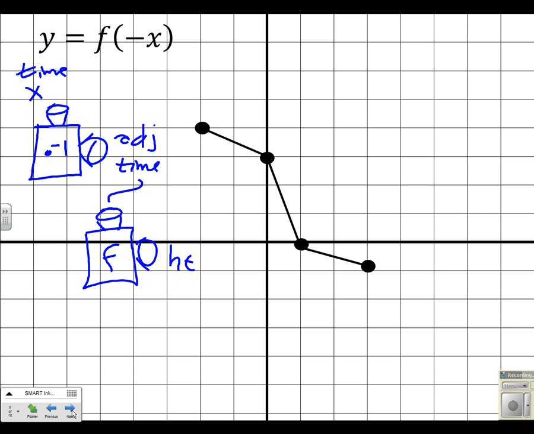So this is a pre-function. It affects the time. This makes time go backwards. What used to be to the right is now to the left. What used to be to the right over here is now to the left. What used to be to the right 0 is now left 0. Right 1 is left 1. And right 3 is left 3.